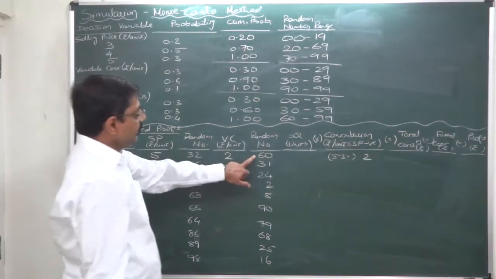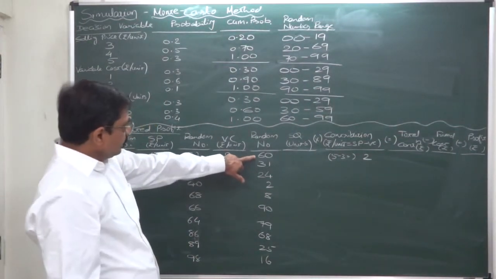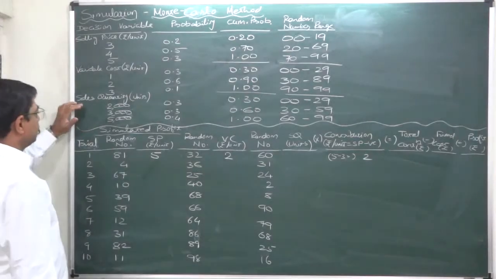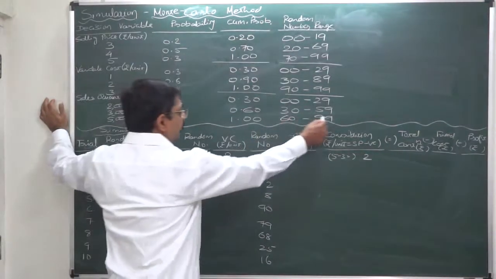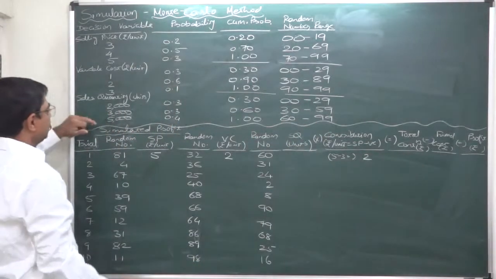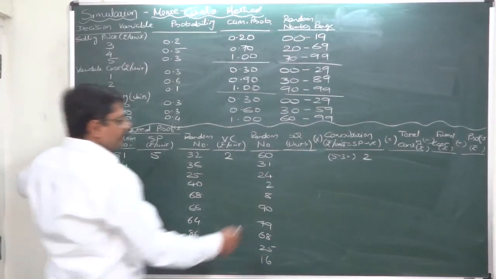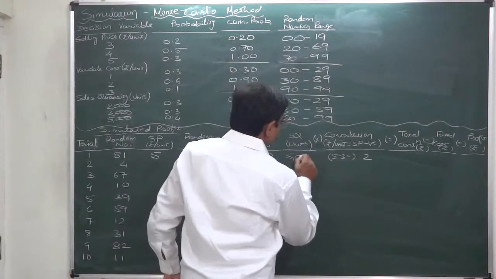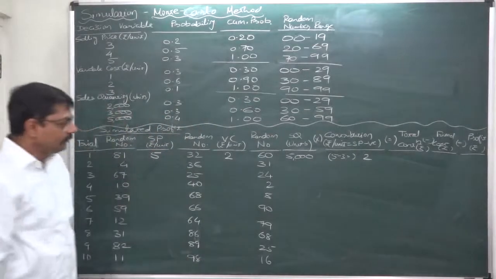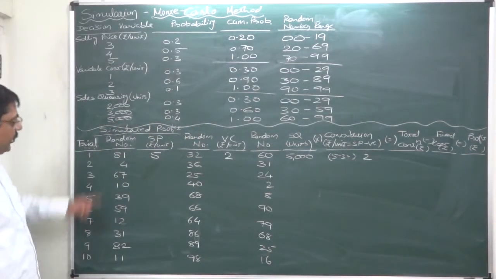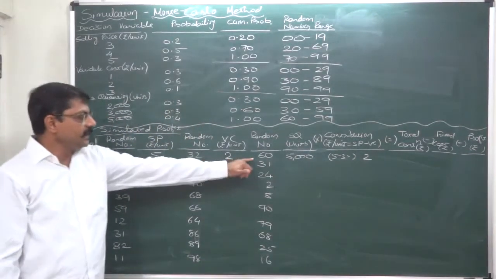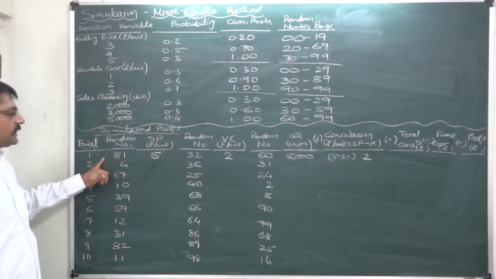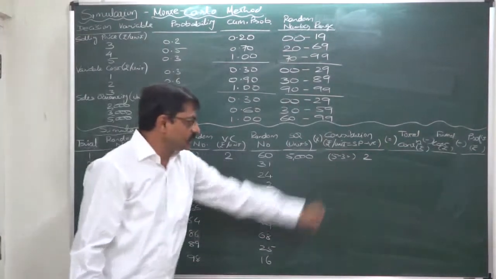The third random number is 60, that stands for sales quantity, and 60 comes in the range of 60-99, so the number of units will be 5,000. So we may say that if these three random circumstances occur, this can be the situation.